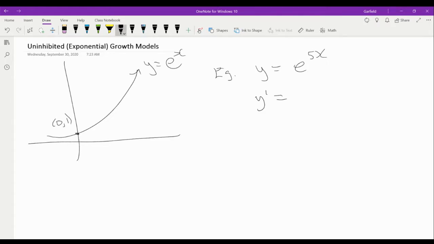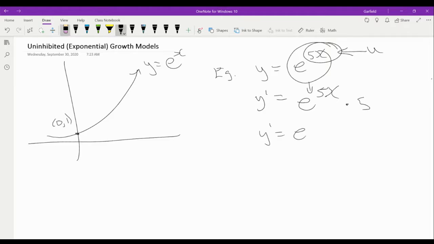The derivative says we keep e to the 5x and multiply by the derivative of u. So this is 5, a big 5, times e to the 5x.